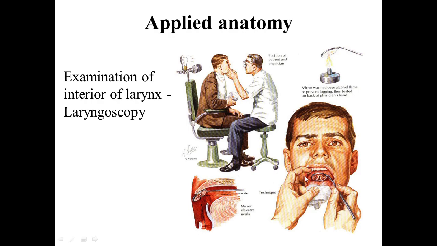This is the laryngeal mirror, and this laryngeal mirror is kept on the posterior surface of the tongue, and then you can see the reflections of the larynx, reflections of the vocal cord in the mirror. So that is the indirect laryngoscopy.